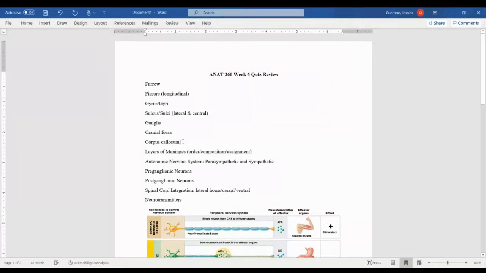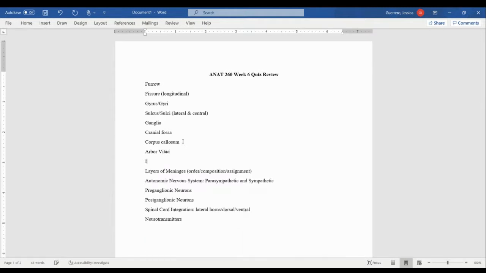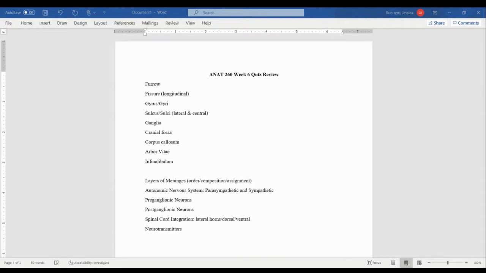Okay, back to our anatomy terms. Arbor vitae, infundibulum, optic chiasma, back on fissure: longitudinal, lateral, central.